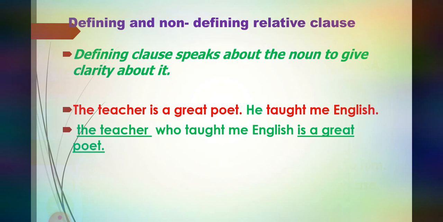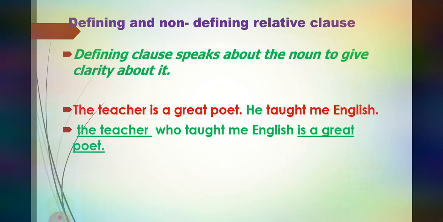So here the next sentence, he taught me English, becomes a relative clause. Here you can see who taught me English. In the place of he, we joined who there. The teacher is a great poet is a principal clause, main clause.